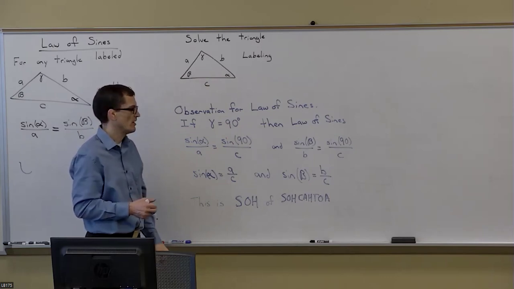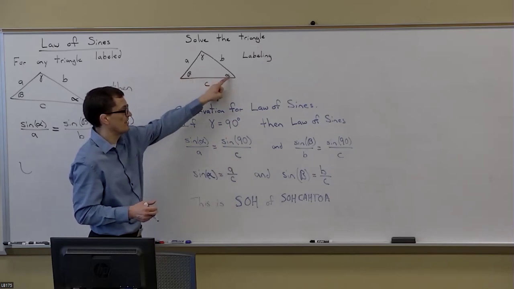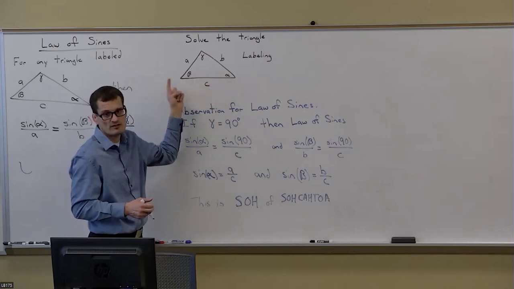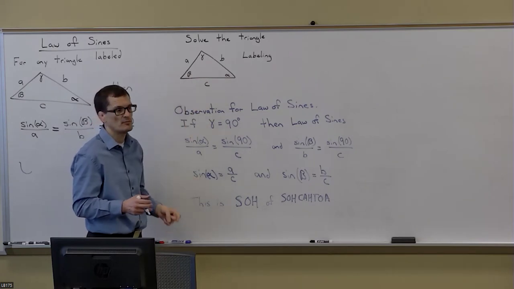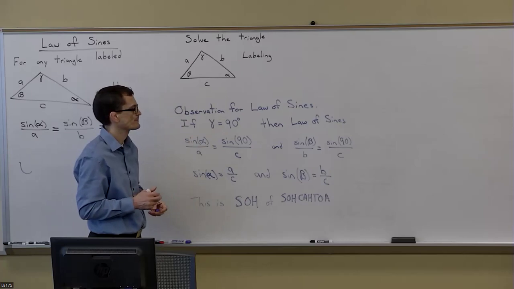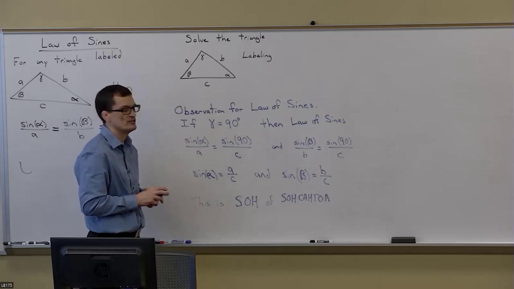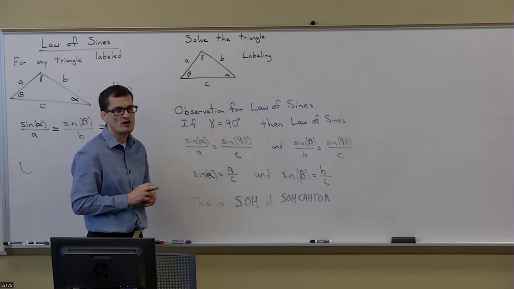You could say, oh, sine of beta is the same thing as cosine of alpha. If we have a right triangle, opposite over hypotenuse, adjacent over hypotenuse. And then you could write the tangent as sine over cosine and get your TOA part too.